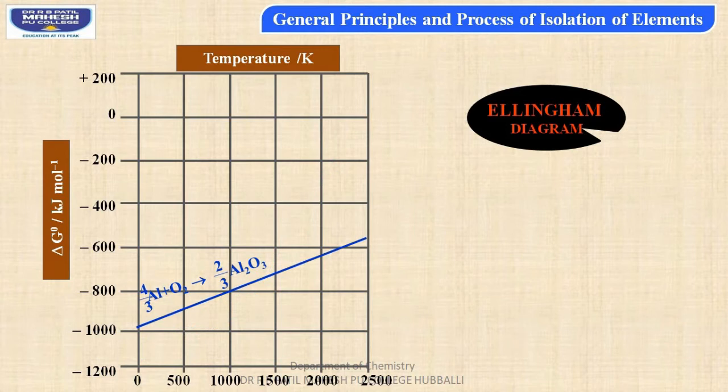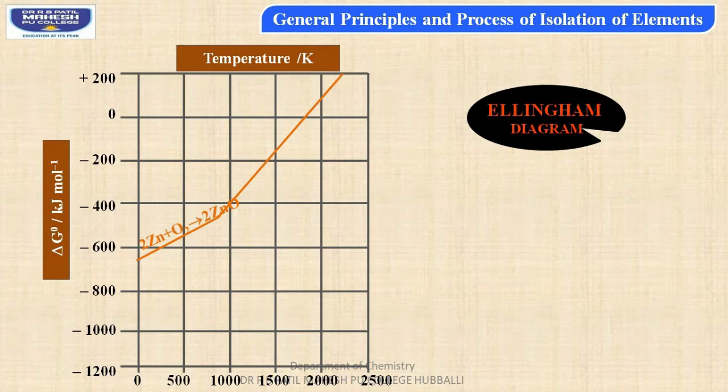Oxidation of aluminium to aluminium oxide also steadily increases, whereas oxidation of zinc to zinc oxide shows a very sharp rise within the curve. Oxidation of iron to ferrous oxide is a steady increase in the curve. The oxidation of mercury to mercuric oxide also shows a sharp increase. Oxidation of silver to silver oxide shows a steady rise in the curve.